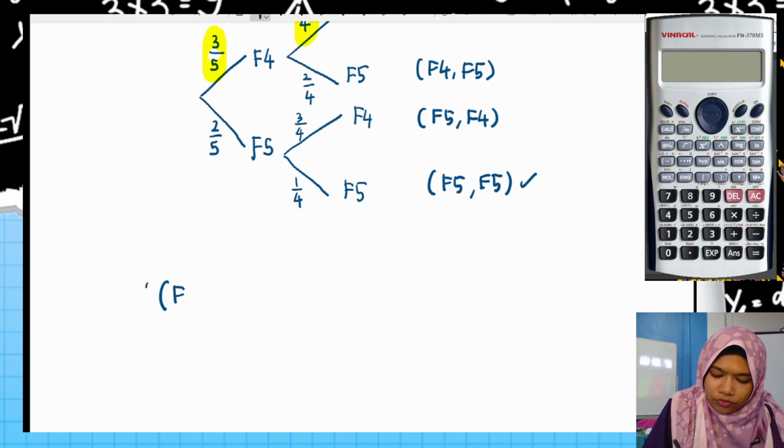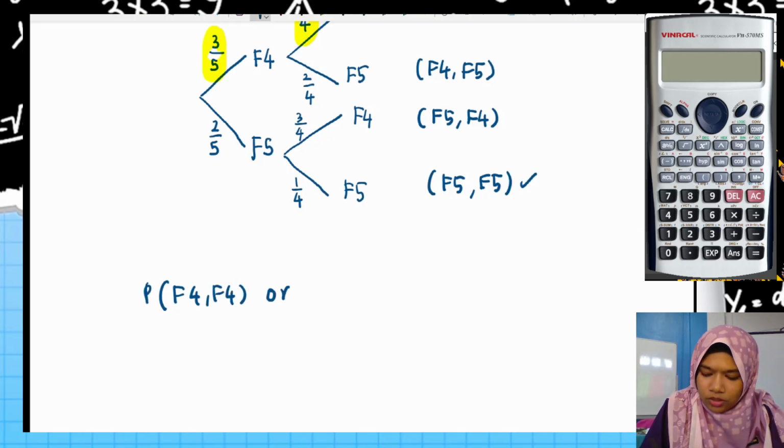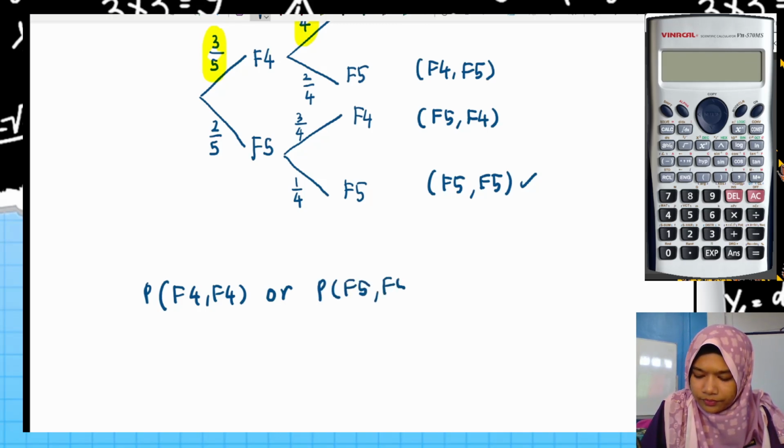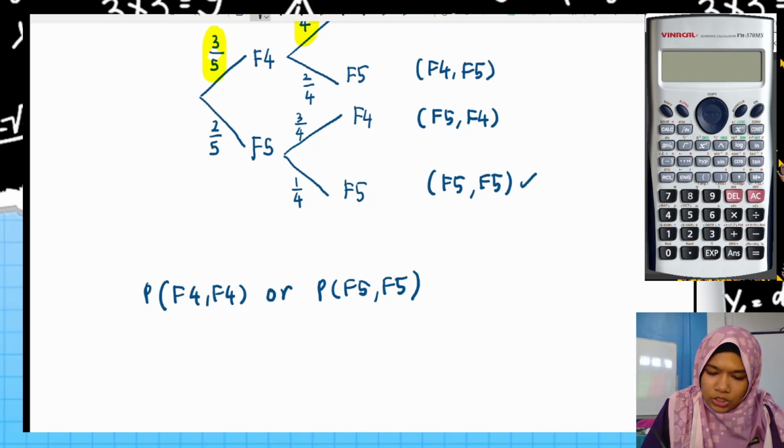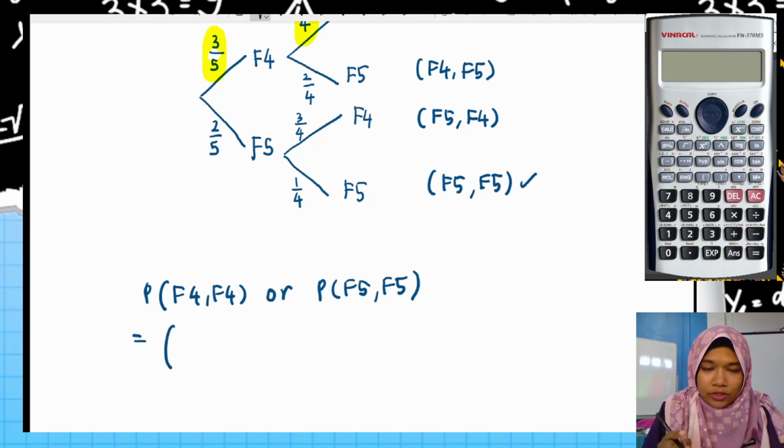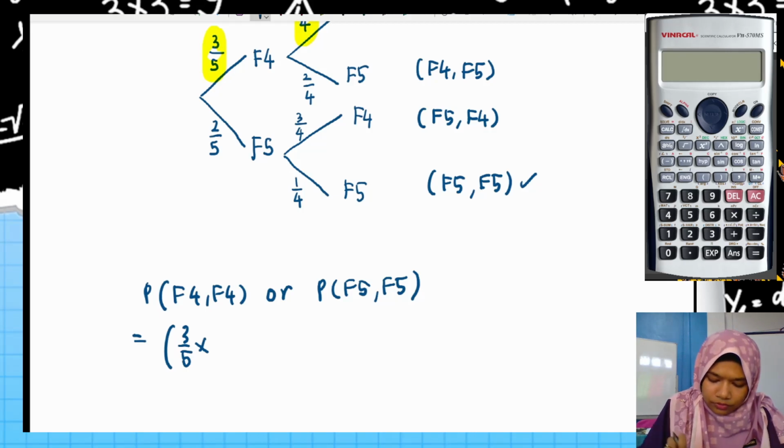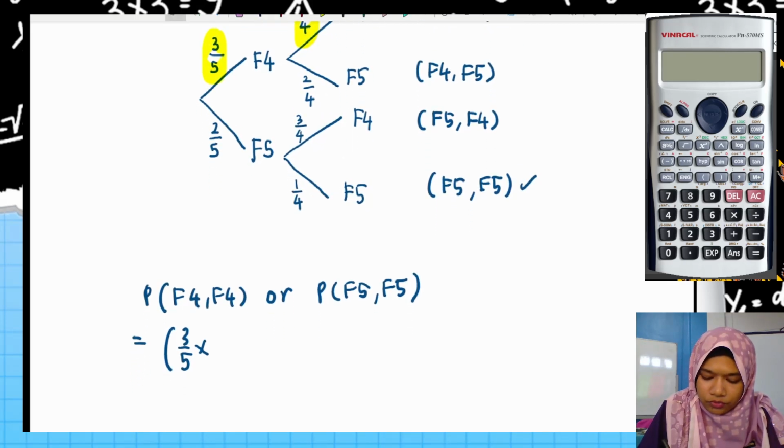Probability Form 4, Form 4, or probability Form 5, Form 5. Okay, so Form 4, Form 4 kena darab because Form 4 and Form 4. Okay, 3/5 times, 5 cikgu tak cantik. Okay, 3/5 times apa tu? 2/4.